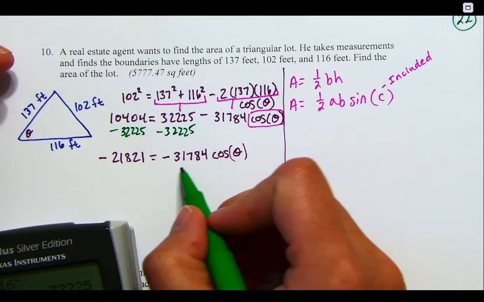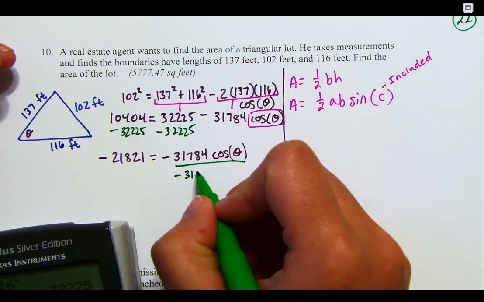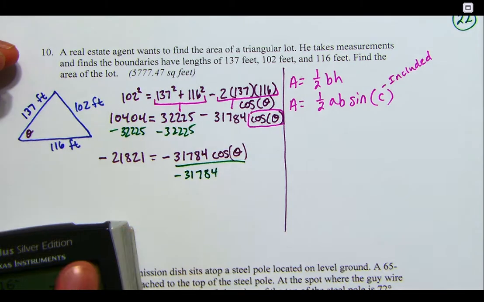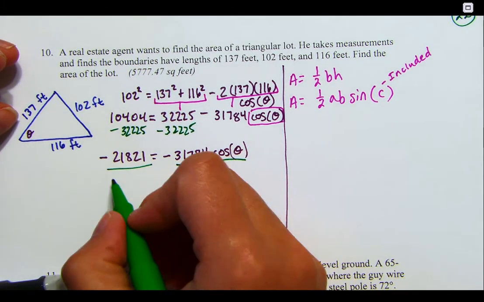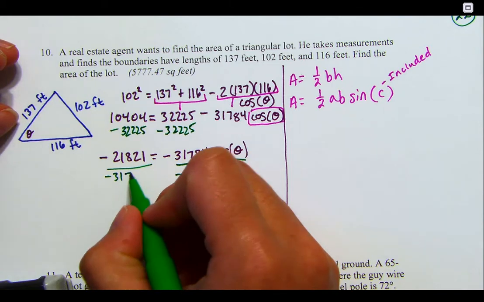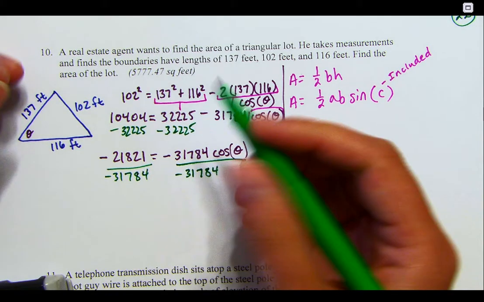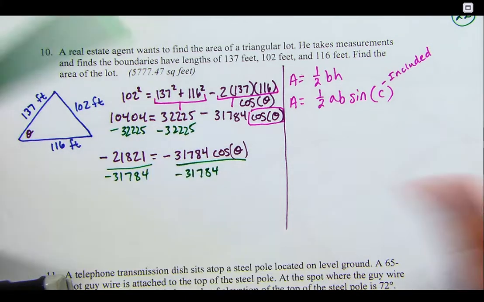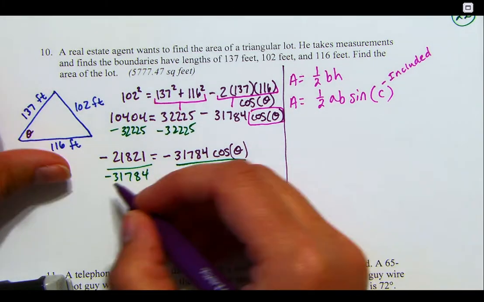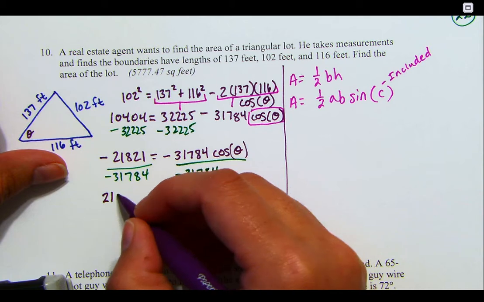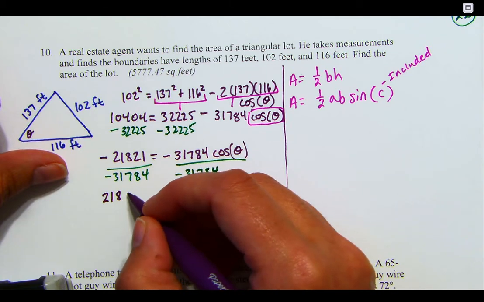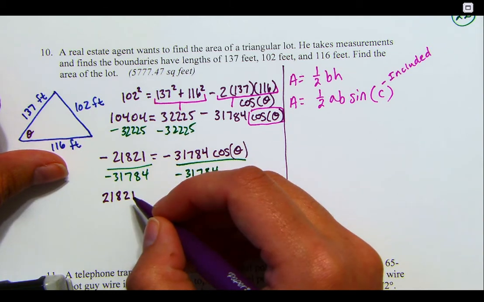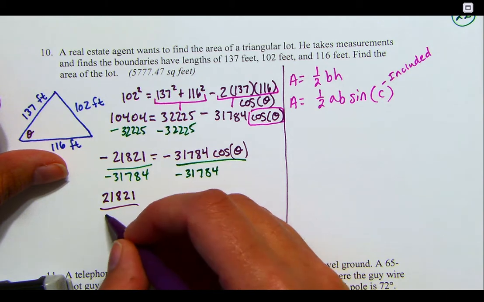Okay. So now I'm going to divide. And the only thing I'm going to change are the two negatives cancel each other out to become a positive. And I'm not even going to worry about simplifying that fraction because it's not necessary. So again, that number is just becoming positive.